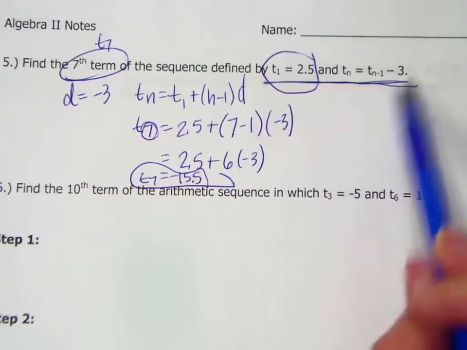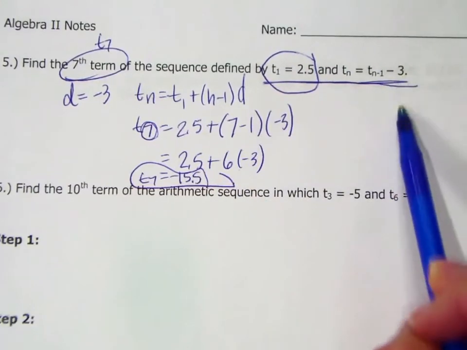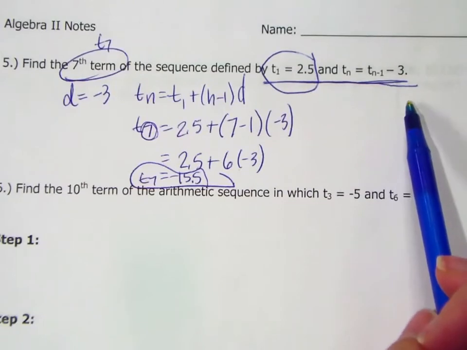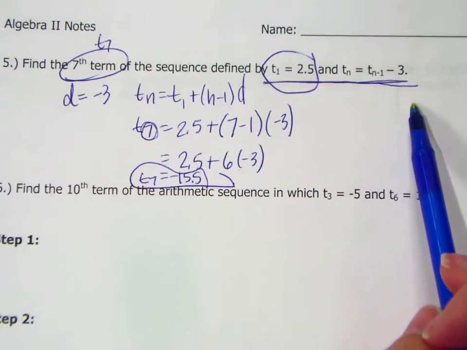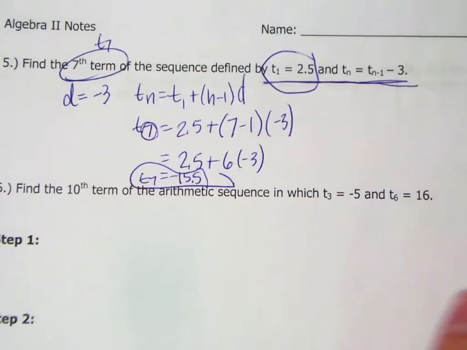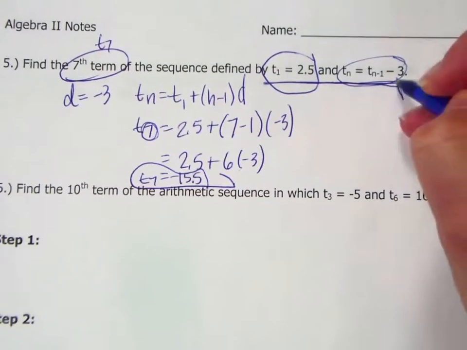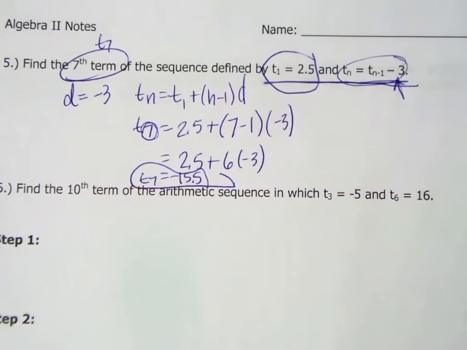Oh, this part? Yeah, we're just pulling what the common difference is. Does that answer your question? No. Okay. Ask me again then. Like, how do we use it? We don't do anything with it except to find out what the common difference is of the sequence. Okay.